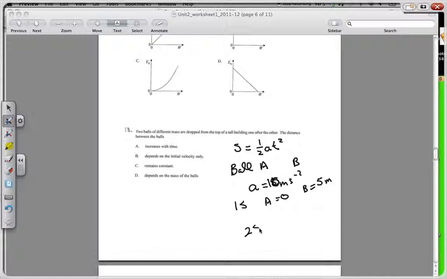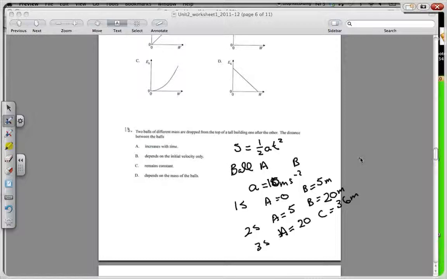Now after 2 seconds, ball A would equal 5, and ball B, the distance traveled, would be 2 squared times 5, so it's going to be 20 meters. After 3 seconds, ball A would equal 20, and ball B would be 9 times 5, which would actually equal 45 meters.